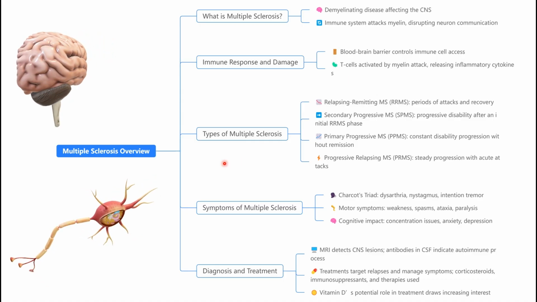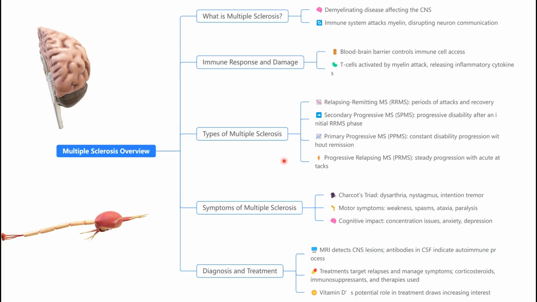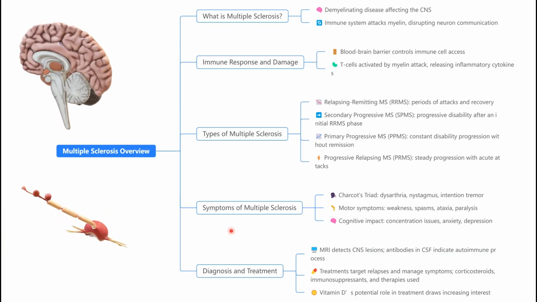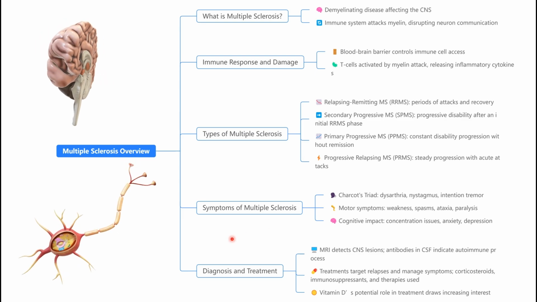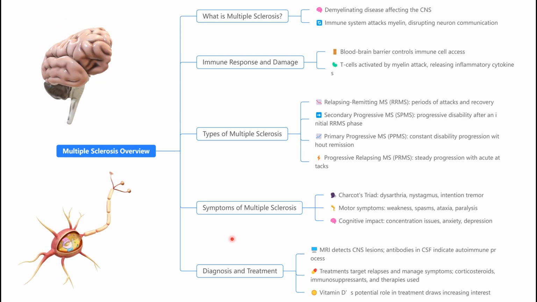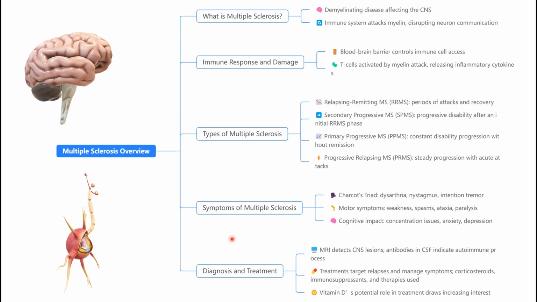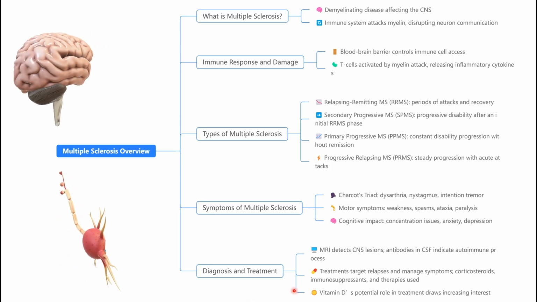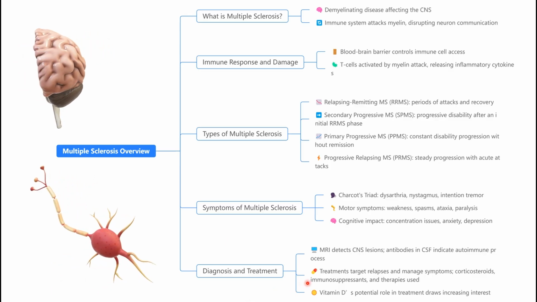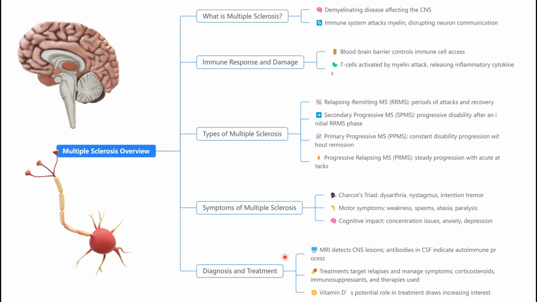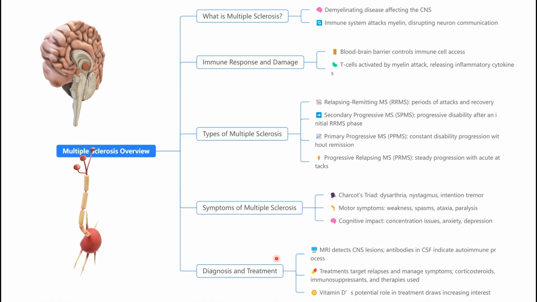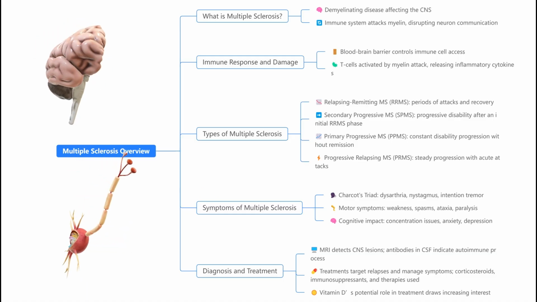There are also different types of multiple sclerosis. We discussed four different types and how they're differentiated. Then the symptoms of multiple sclerosis, as well as the diagnosis and treatment, which includes the drugs as well as imaging techniques needed to diagnose.